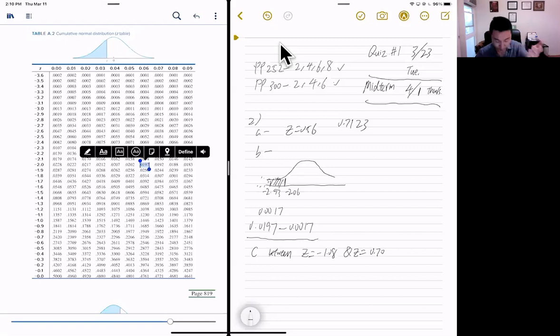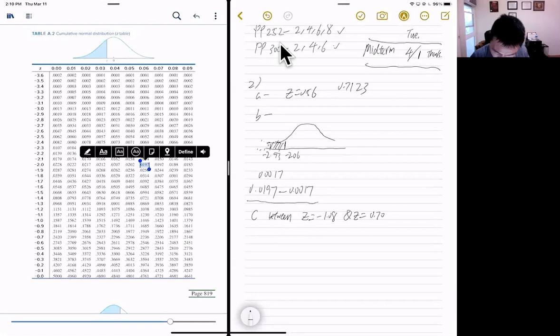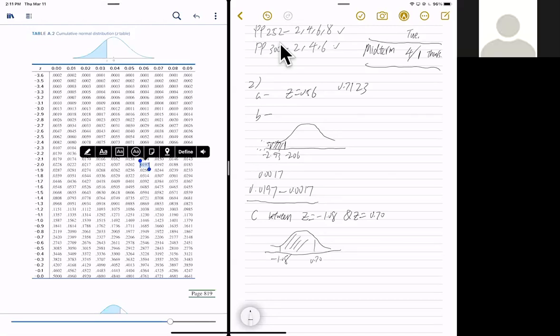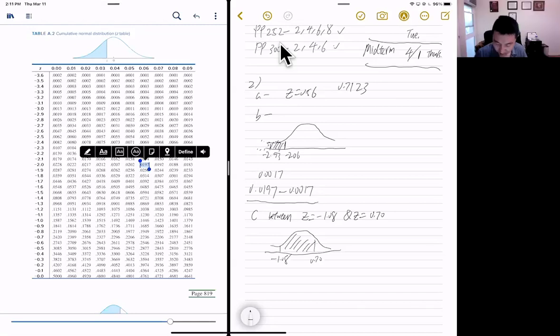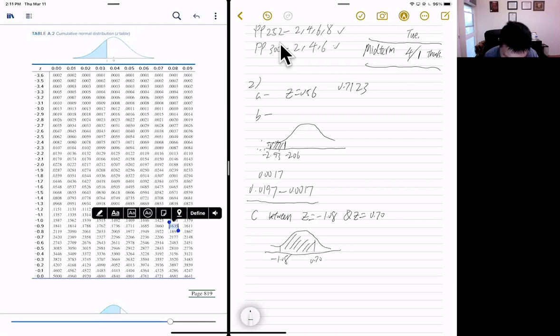Again, this is between two values, so we do the same thing. First, for Z of minus 1.08, it's here.